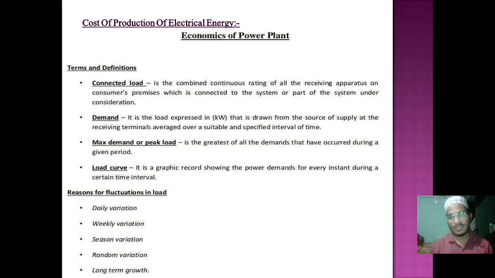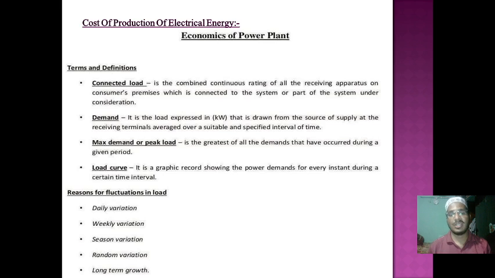As you know, we already discussed the layout structure of the power plant. Now we are considering the terms and definitions, and we just discussed demand. Maximum demand is, for example, when at some time all customers' demands come on one single power plant at the same time, which is considered the greatest demand.